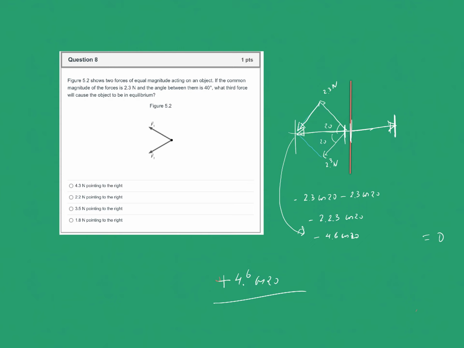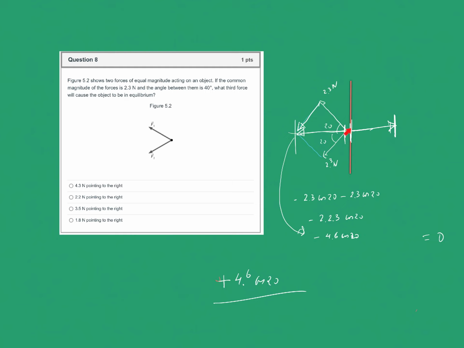Well, I have 2.3 cosine of 20 in the x direction, going negative, and due to the other force I also have 2.3 cosine of 20 in the negative direction. In total, I have minus 2 times 2.3 cosine of theta, or minus 4.6 cosine of 20.